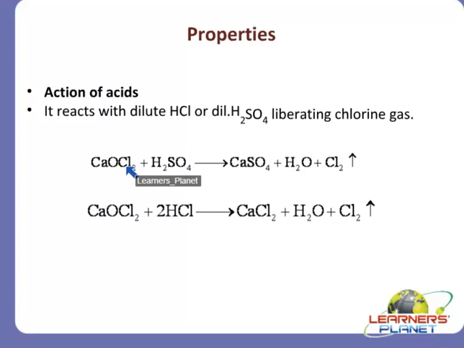So bleaching powder, that is CaOCl2, also called calcium oxychloride, reacts with sulfuric acid, forming CaSO4 plus H2O plus again Cl2 gas is liberated.